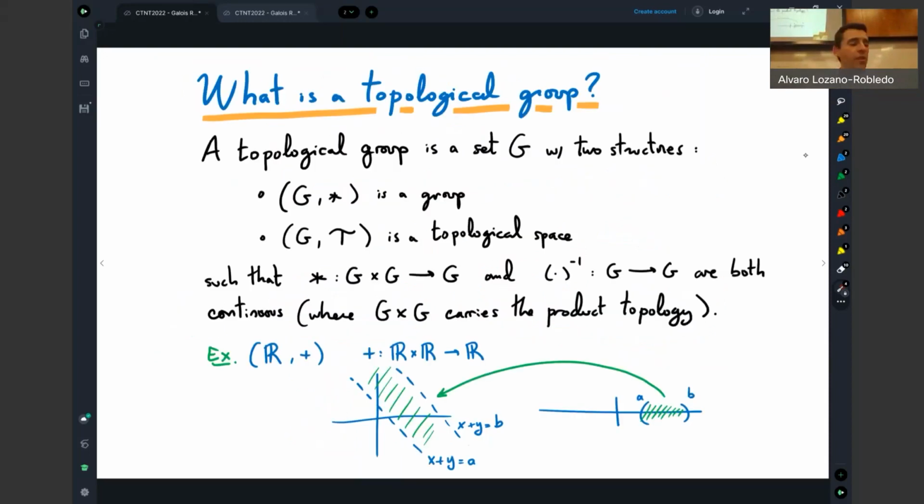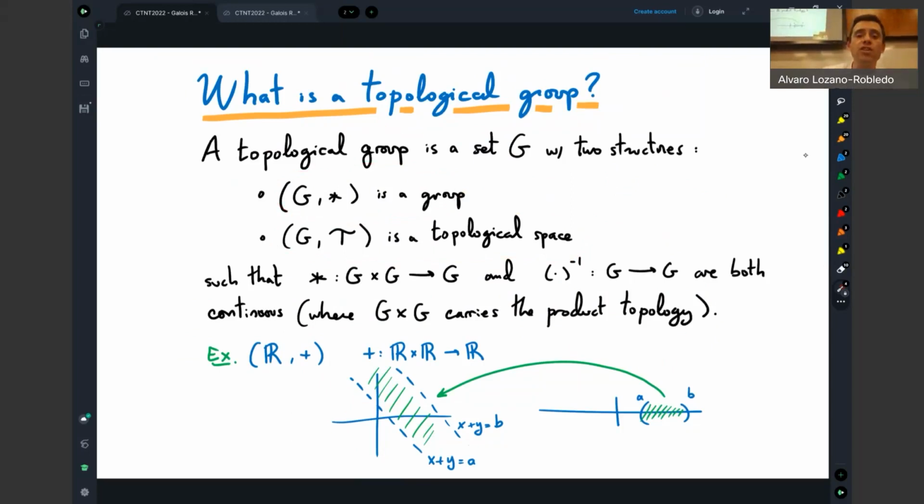Now that we know about profinite groups, we need to know what a topological group is. A topological group is just a group and a topological space at the same time. So I have a group, and then I want to put a topology on that group. The group is a set, and I can put a topology on that set. What do we want? We want the topology and the group structure to talk to each other nicely.